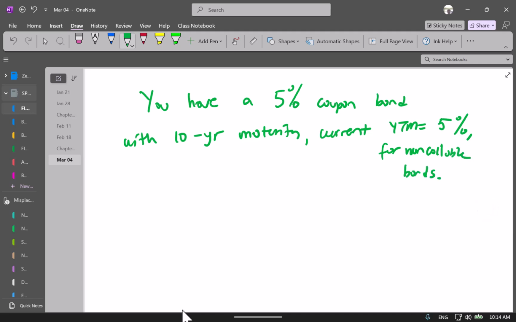So if this was a non-callable bond, we already know what the price would be. It would be $1,000, assuming face value of 1,000.